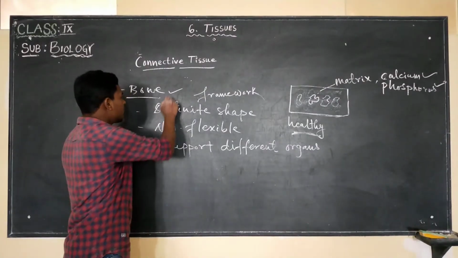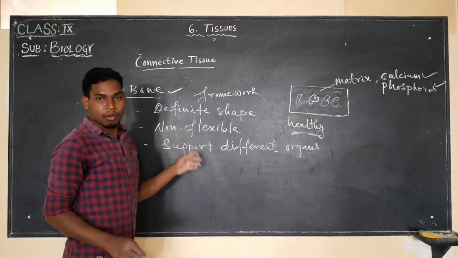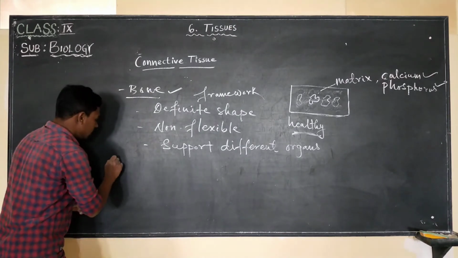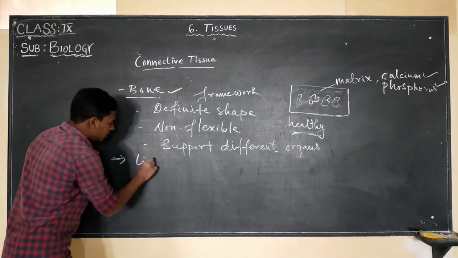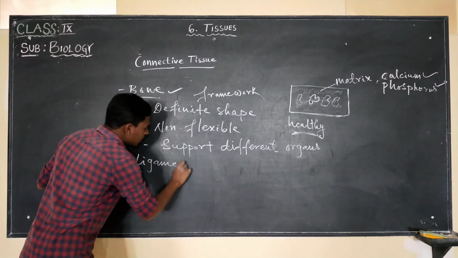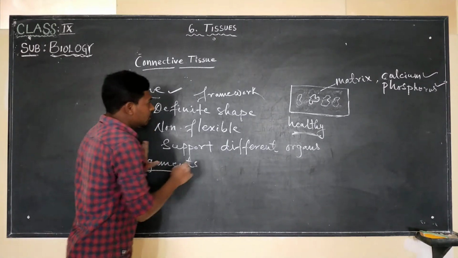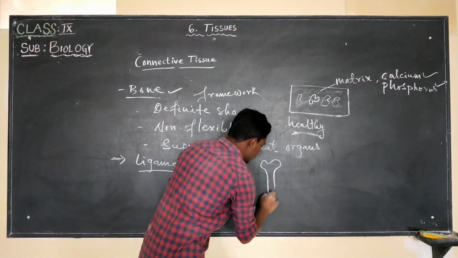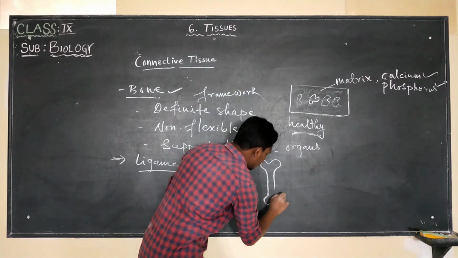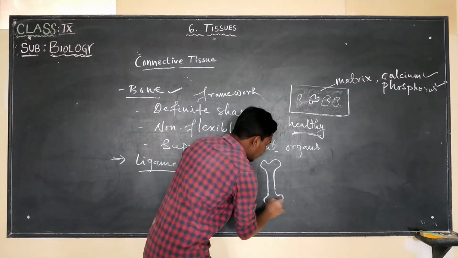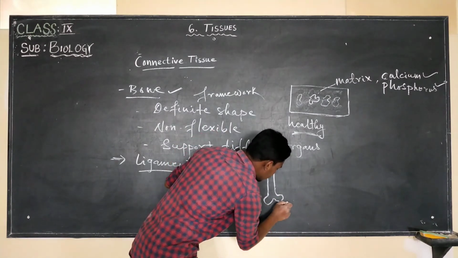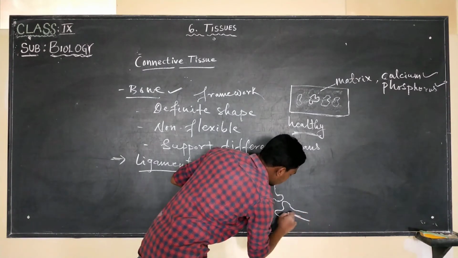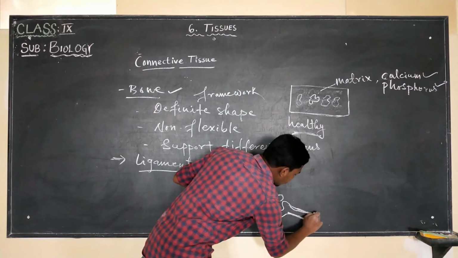Okay, so these bones are joined by another connective tissue known as ligament. See here, for example, this is a bone.